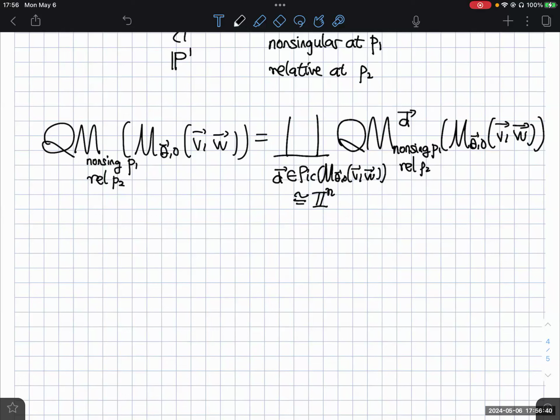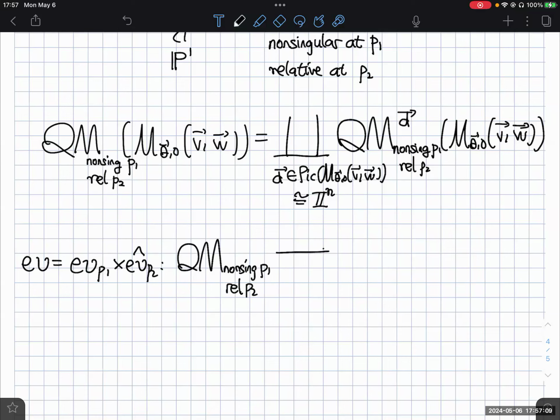With respect to these two restrictions, non-singular at P1 and relative at P2, we can have an evaluation map, one at P1 and another at P2, mapping this quasimap space to the product of two quiver varieties.